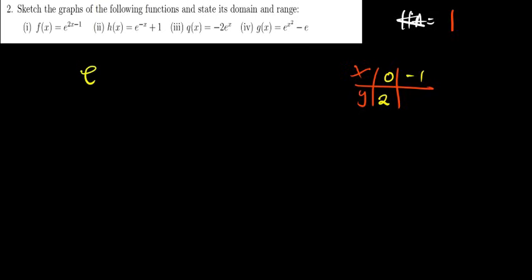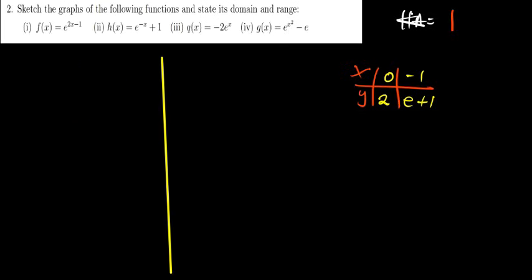Then e raised to the power negative 1 plus 1, that gives me 1. So we have y is equal to e to the power 1 plus 1, which is e plus 1. We don't replace e with the number because we're not using a calculator. Basically that is 3.71 something. We leave it like that.